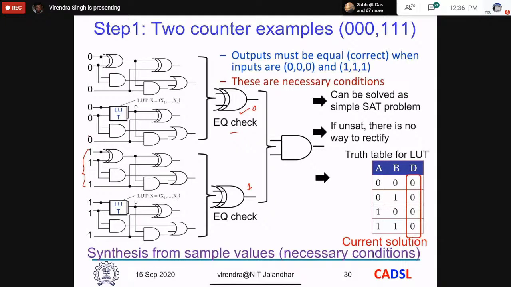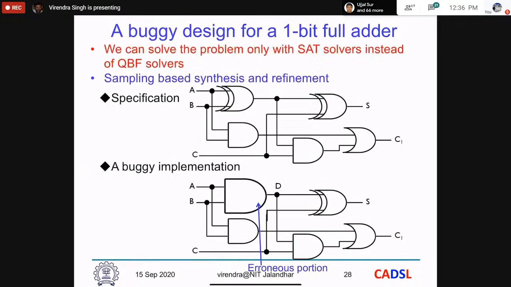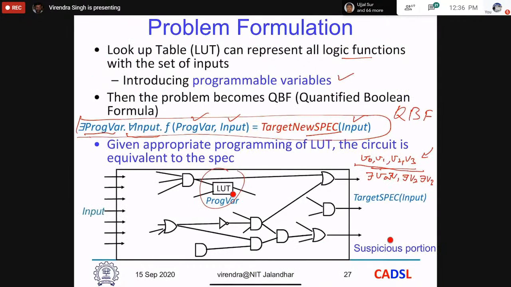Now I fix this input and go to my SAT solver for this particular value of inputs. Now my problem was, you remember, that there exists some programmable variable under which for all the inputs I get the output same as the specification.